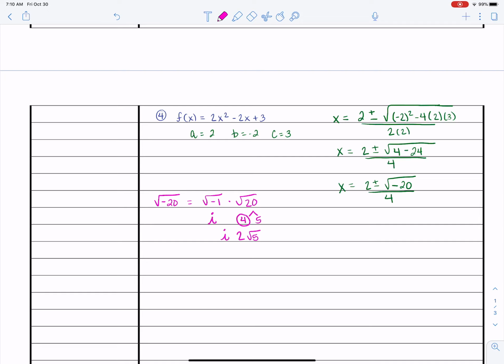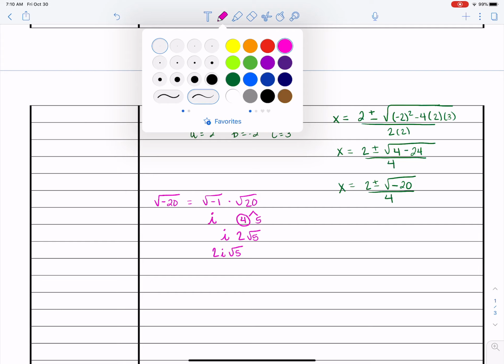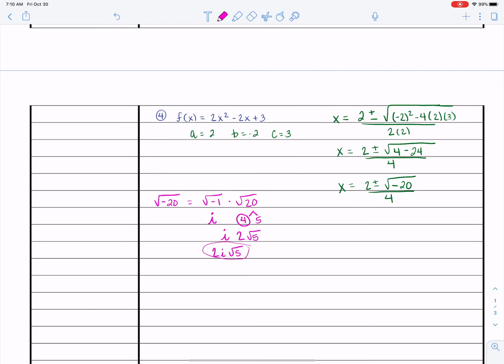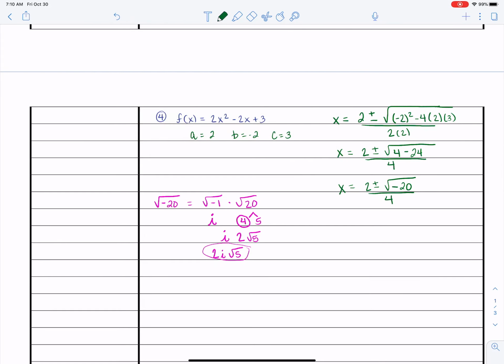The proper way to write that would be the 2 first, and then the i, and then the square root of 5. All right, so we're going to put that into our problem. So I have x equals 2 plus or minus square root negative 20 becomes 2i square roots of 5 all over 4.